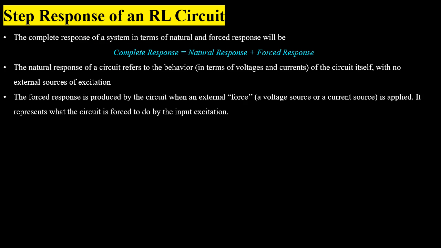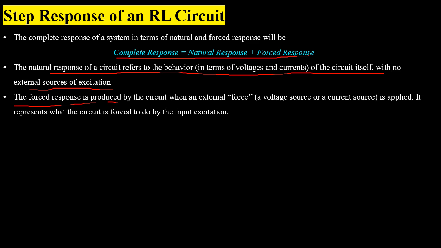Now in first case, the complete response of the circuit will be equal to sum of forced response plus natural response, where natural response of a circuit refers to the behavior, which can be in terms of voltages or current of the circuit when no source of external excitation is connected. And the forced response is produced by the circuit when external force or external current or voltage source is applied. It represents what the circuit is forced to do by input excitation.